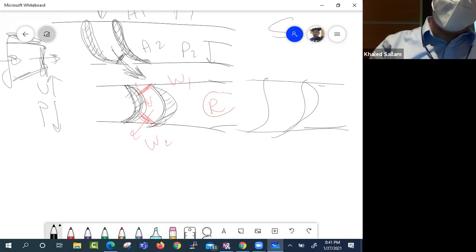So I'm trying to make W1 come in through a bigger area than W2.